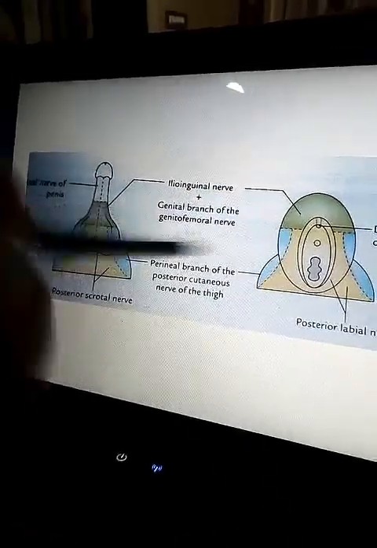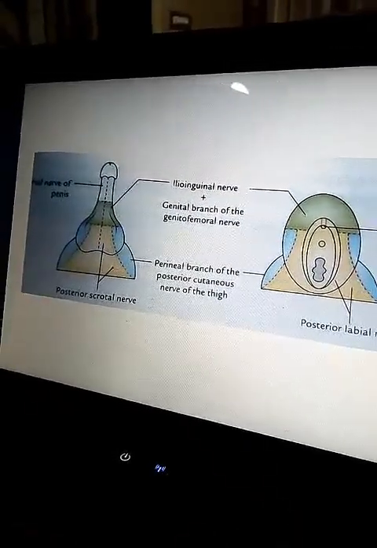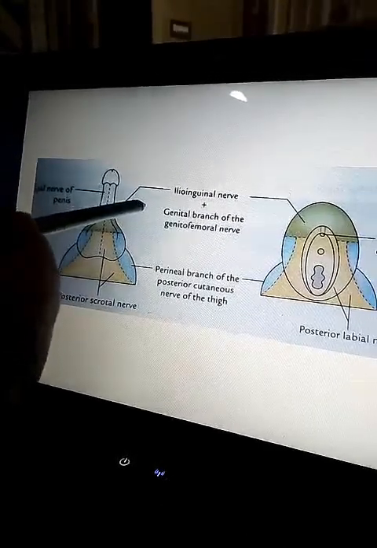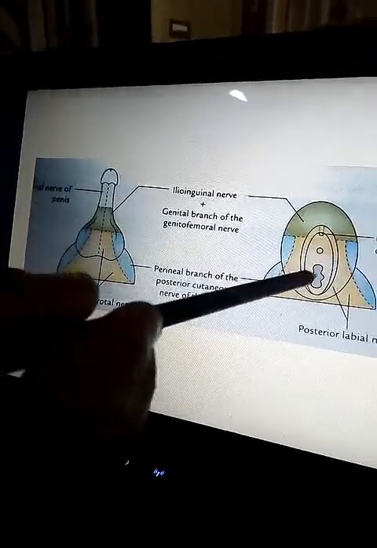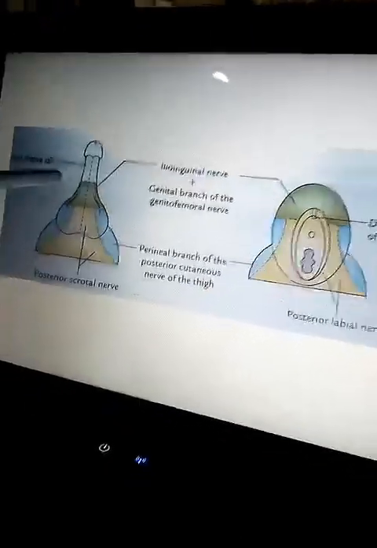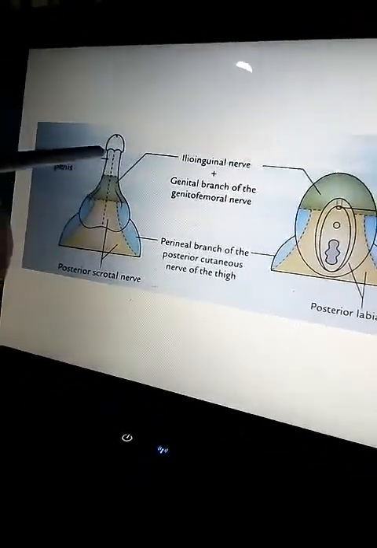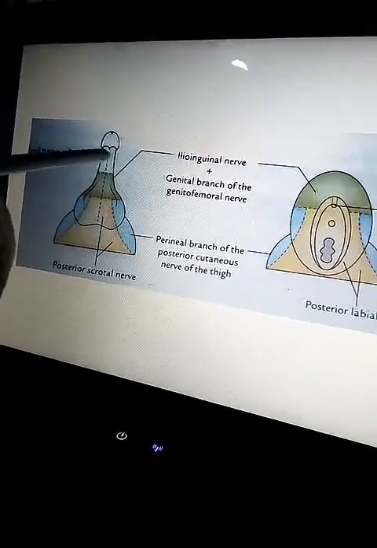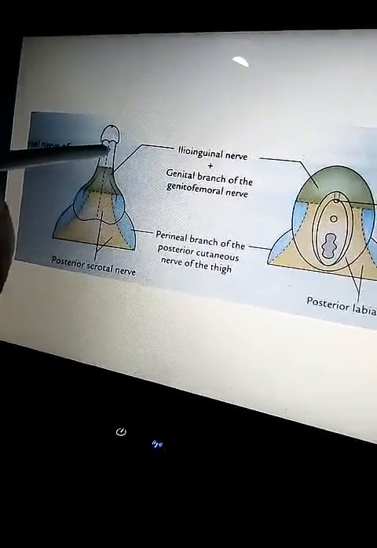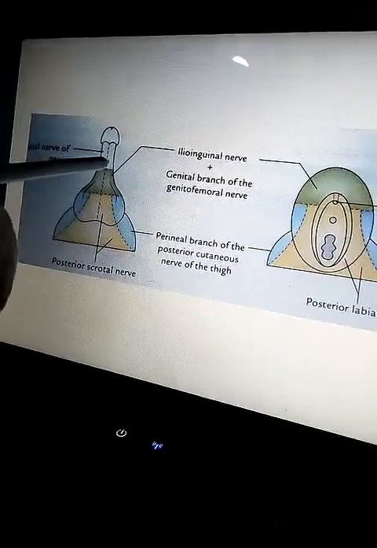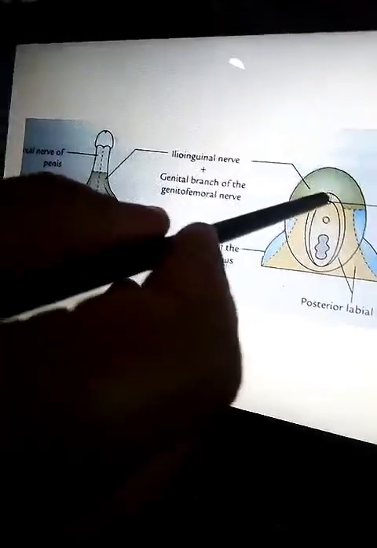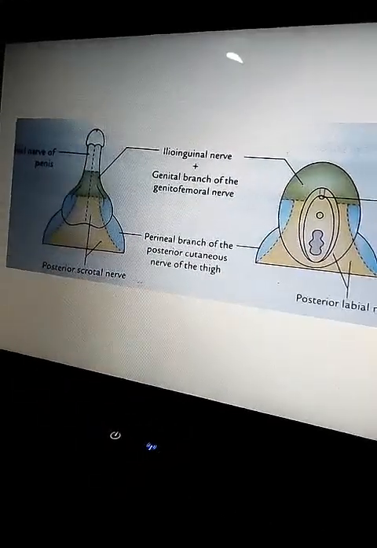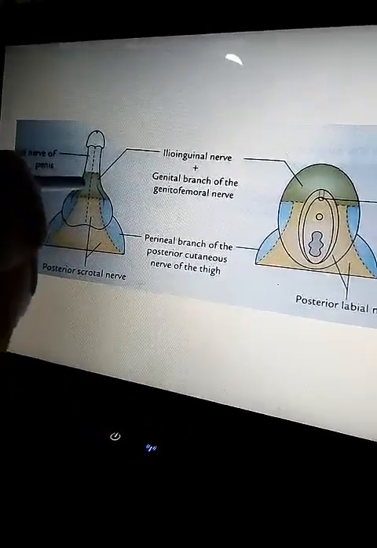Now, cutaneous innervation of the perineum, of the urogenital region. The cutaneous innervation of the urogenital region or the anterior perineum: first of all, it is supplied by the dorsal nerve of the penis. This dorsal nerve of the penis is a branch of the pudendal nerve, and it supplies the skin of the penis or clitoris, except its root.